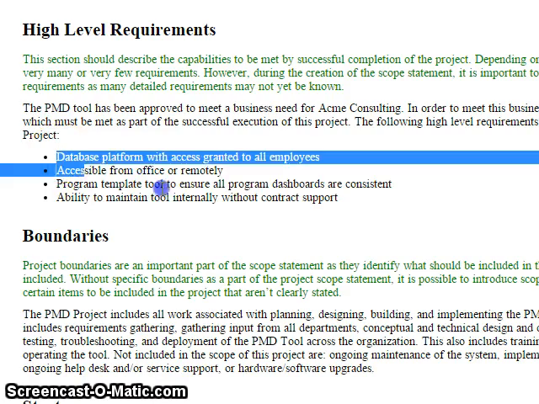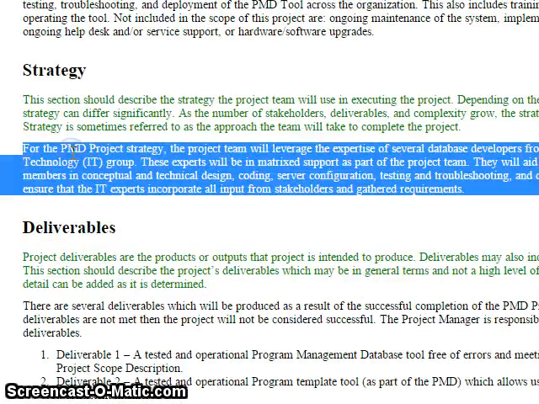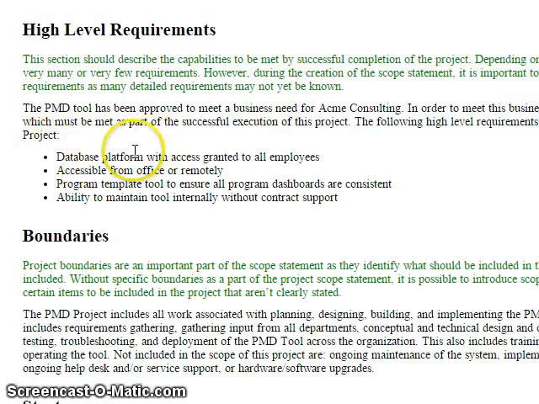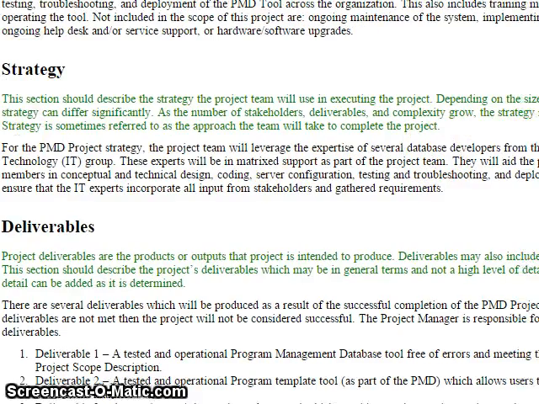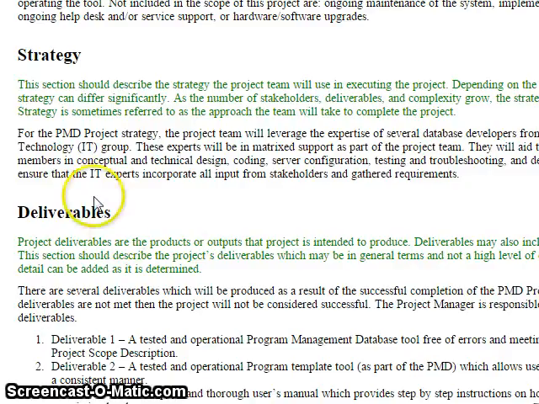So these are some of the high-level requirements, and then in the strategy I tell how we'll meet them: the database of electronic records has to be there, and each patient should be able to be accessed remotely by different doctors. Let's say the project team will leverage the expertise of several database developers. This is how we write the strategy, that we will hire several database developers.